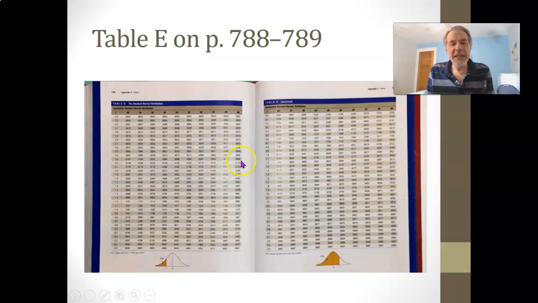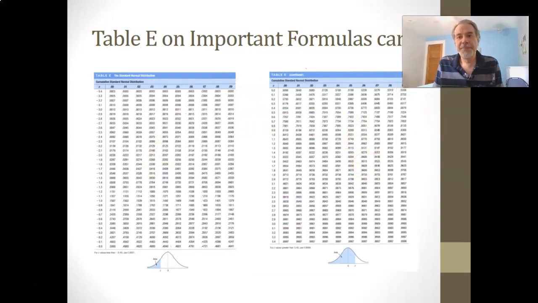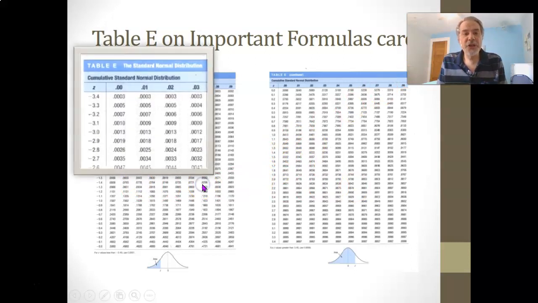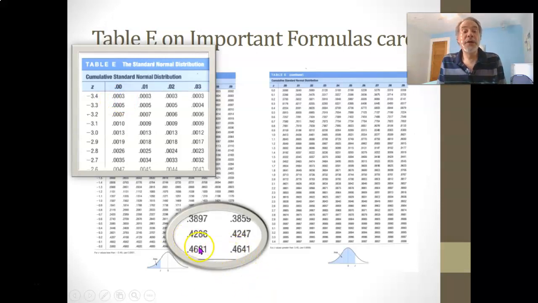Well, here's how you would find that out. Turn to Table E, either in the back of your book or on that important formulas card. And remember how the table's laid out. It's in 2 pages. The first page has the negative z's, and those 4-digit numbers in the middle of that page range from 0.0003 at the top of the page down to 0.4 something at the bottom.